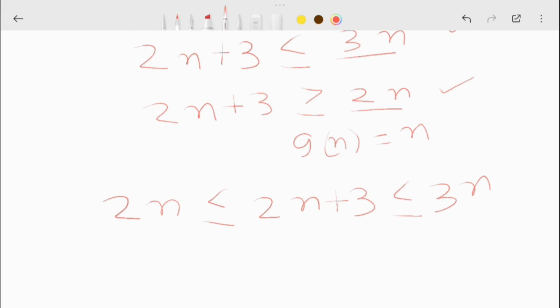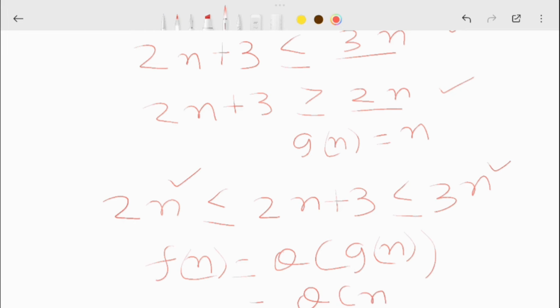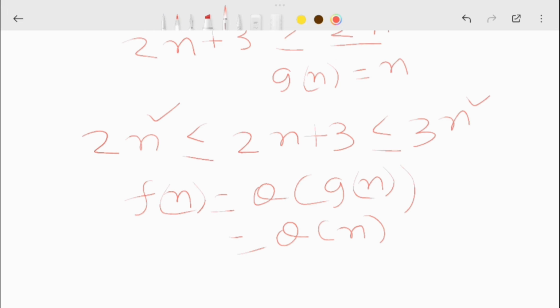So now this function 2n plus 3 can be represented as theta of g of n. So here g of n is nothing but n. So this can be represented as theta of n. But in this theta notation, we cannot use g of n as log n.